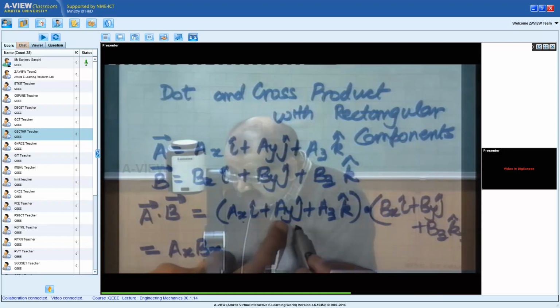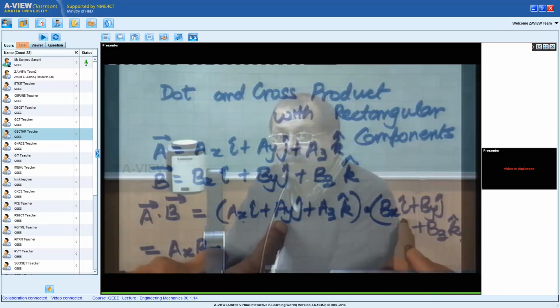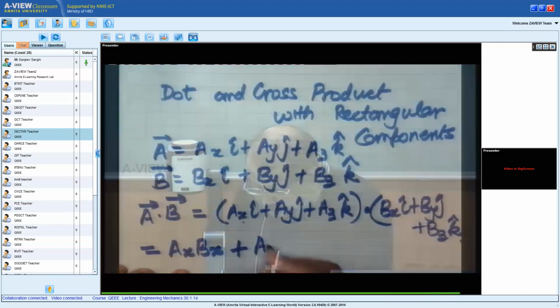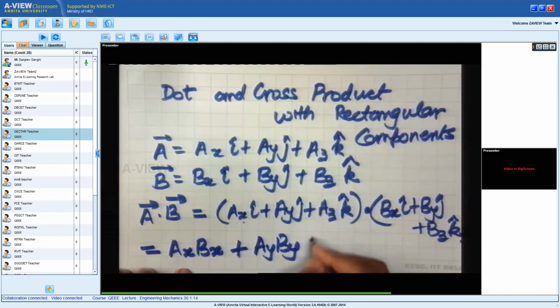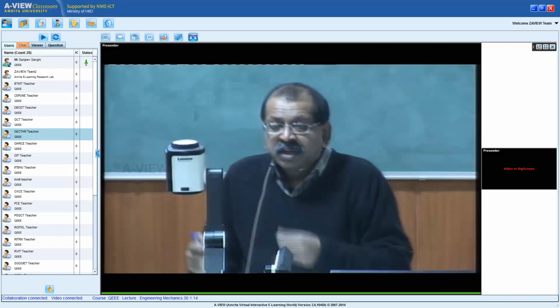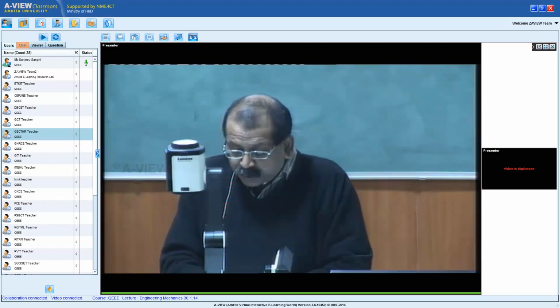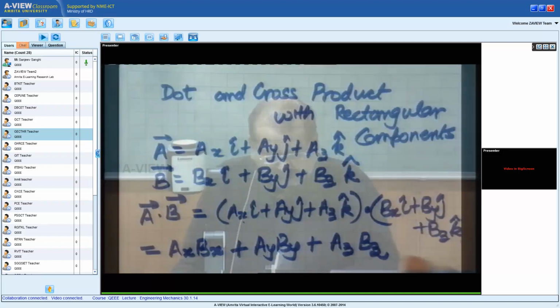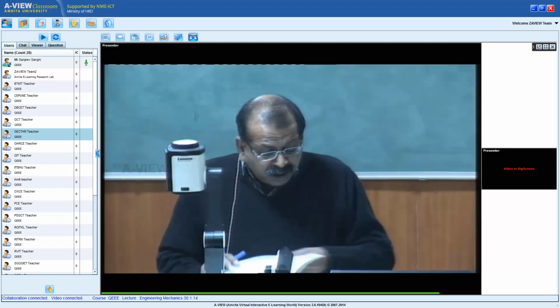Next I go to AYJ dotted with BXI. Obviously it is J dot I, which is 0. So I get a second term which is AYBY, and when I open the third term, I will get a third term which is equal to AZBZ. So using Cartesian coordinates, I directly get the dot product of two vectors as the product of the x components added to the product of the y components added to the product of the z components. And this makes my life much simpler.